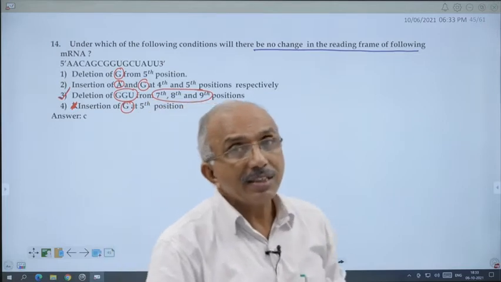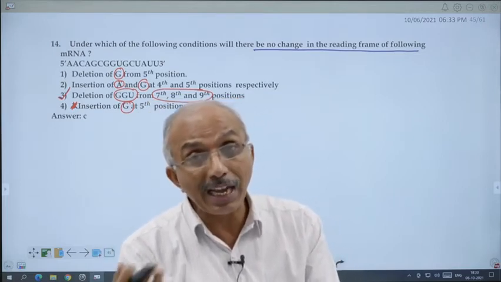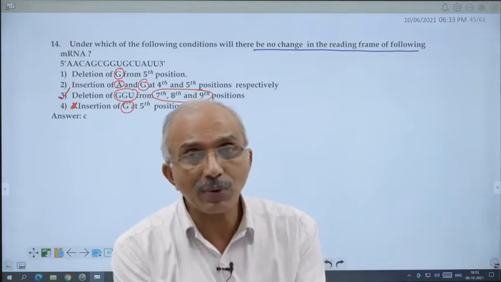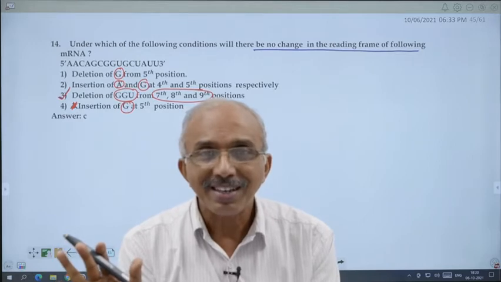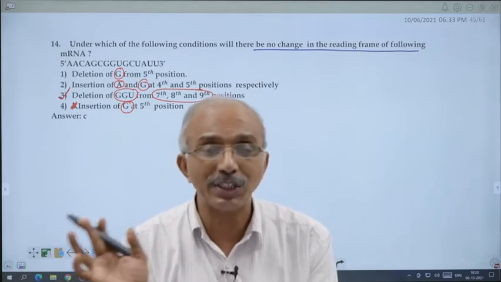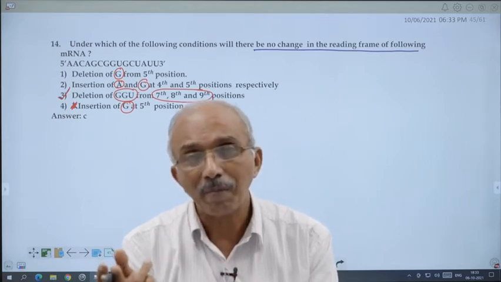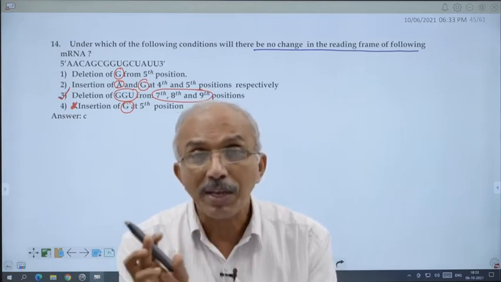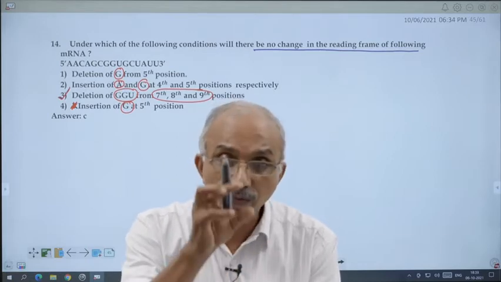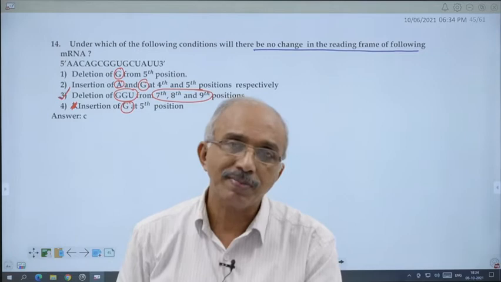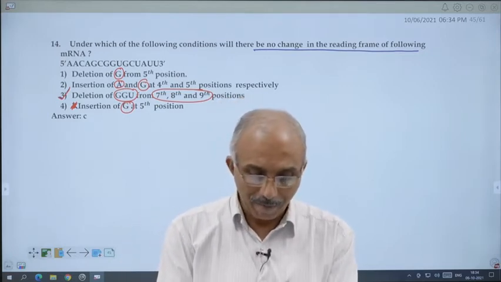But if 3 nitrogen bases are inserted or deleted, dear students, it causes mutation, but not frame shift mutation. It may be an addition or deletion, but the reading frame is affected only there. In the other, it affects from there onwards. That is what is called frame shift mutation.